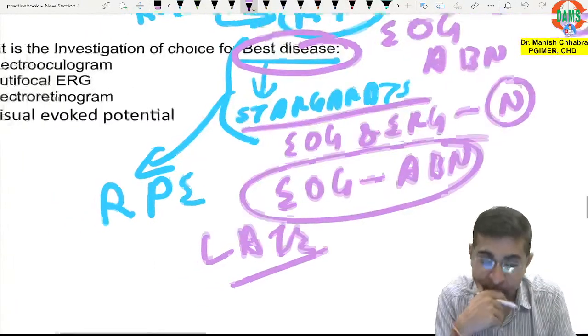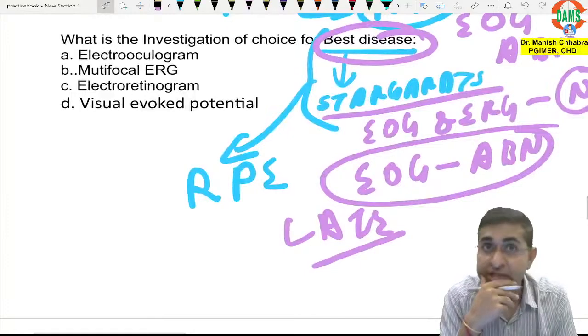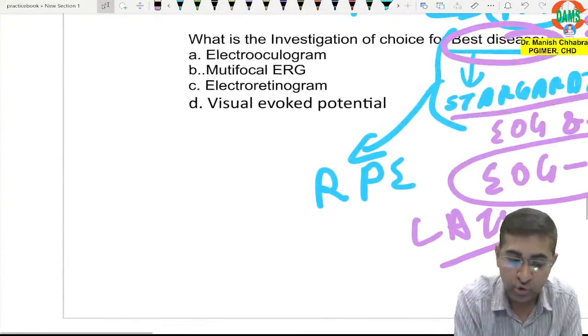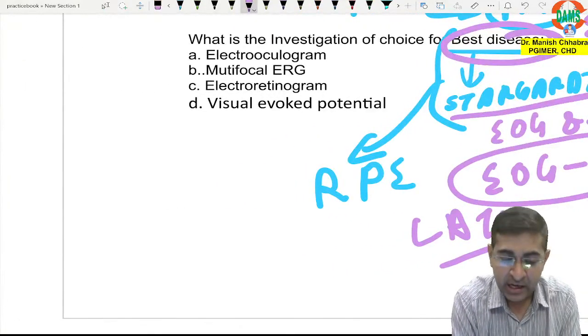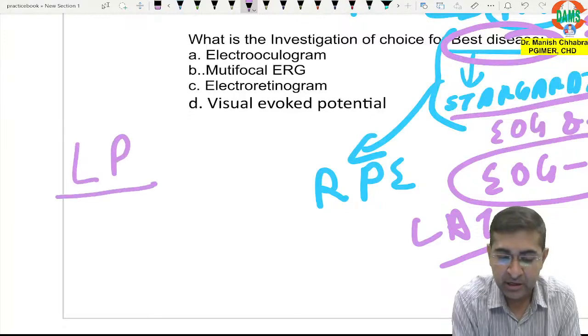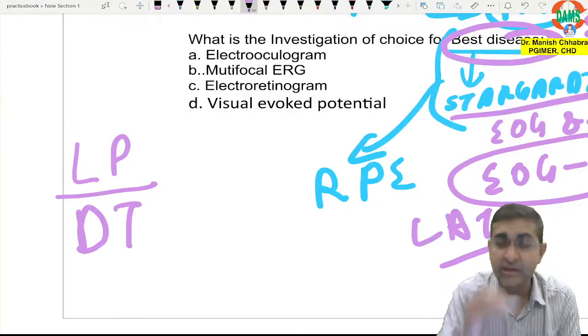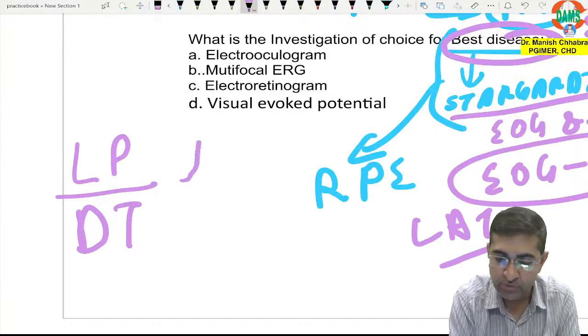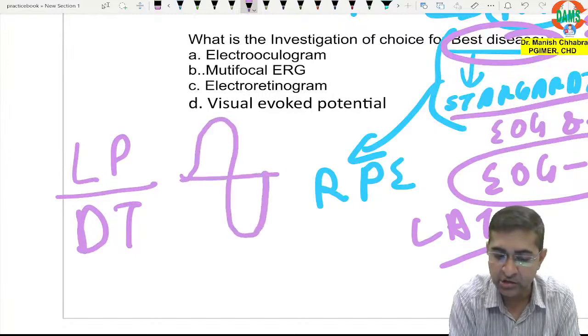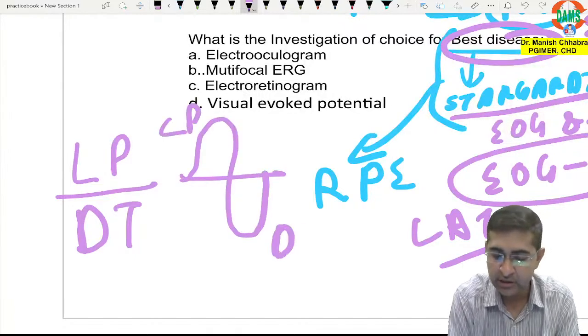Now you will ask, sir, what is electrooculogram? Electrooculogram is light peak over dark trough. So there are two waveforms, light peak and dark trough, LP/DT.